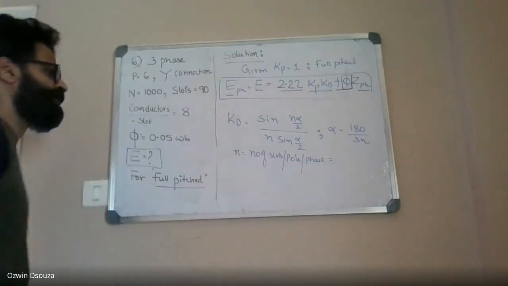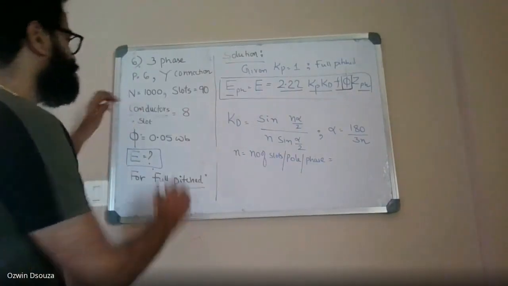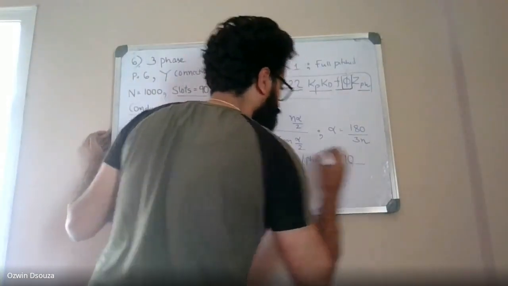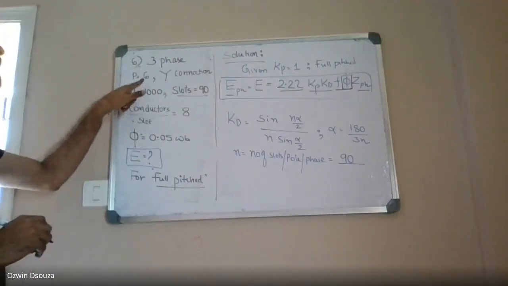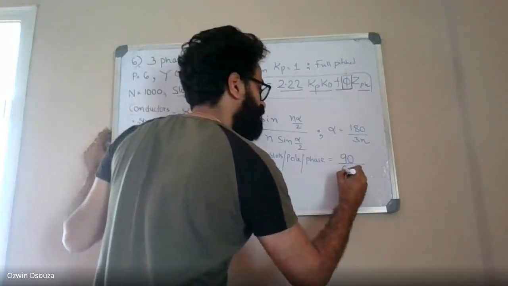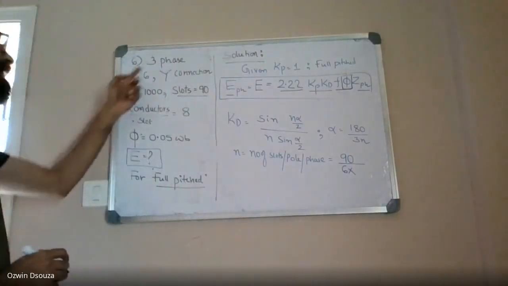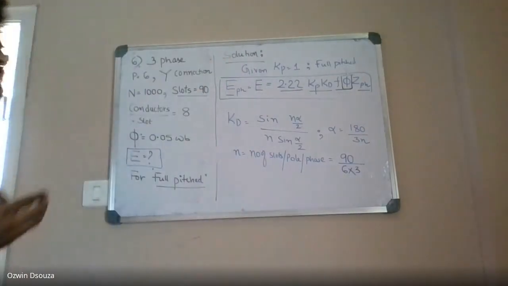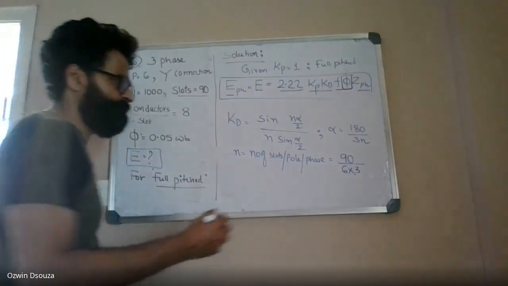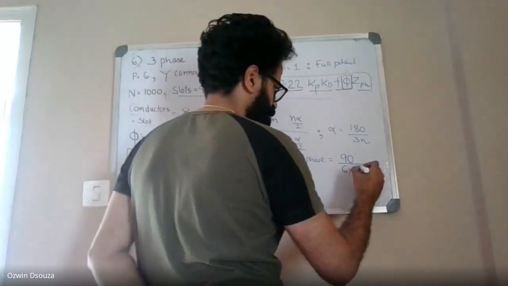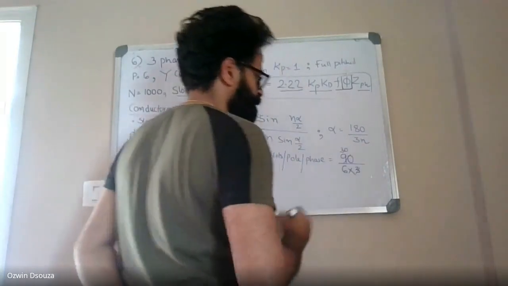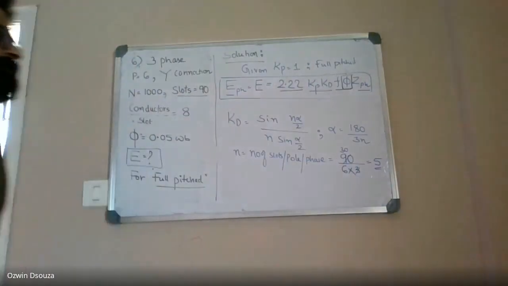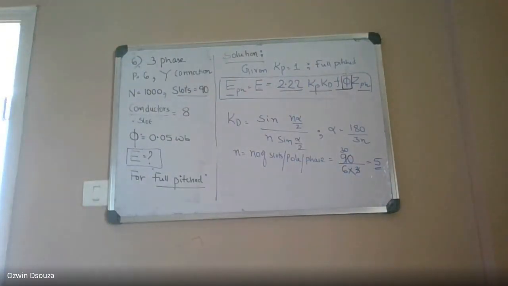So let's find out n first. Number of slots is given as 90, divided by poles 6 and phases 3. So basically 90 divided by 6 into 3, so 5. So n is equal to 5.